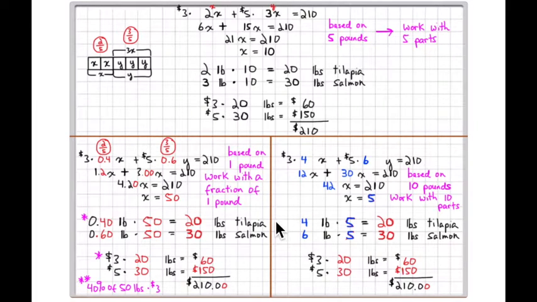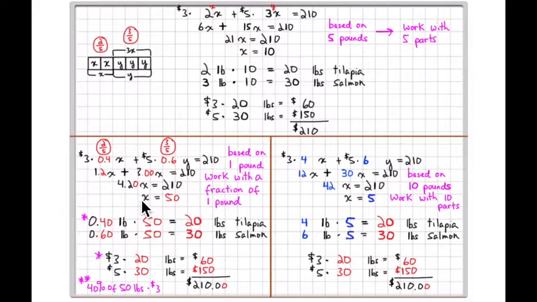So if I look at this all together, we started out with 5 pounds each time, and I can do that 10 times. So this was a total of $21. I can purchase $21 worth of fish 10 times, and that's based on 5 pounds each time. Then I went to purchasing 1 pound each time. So that's 1/5 the amount. That means I can go into the store 5 times as many times.